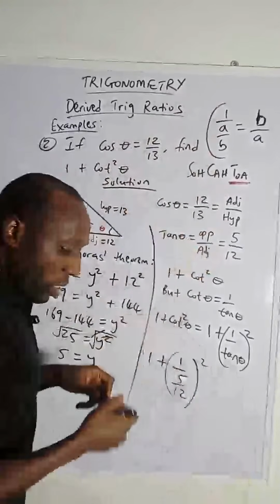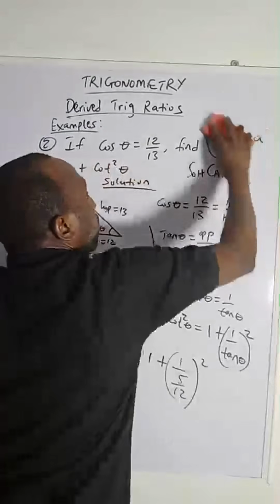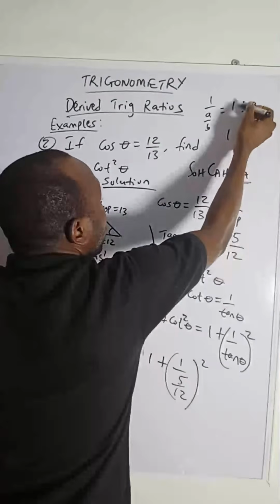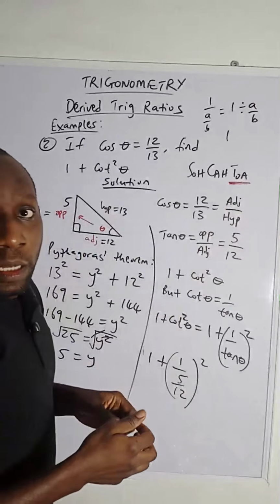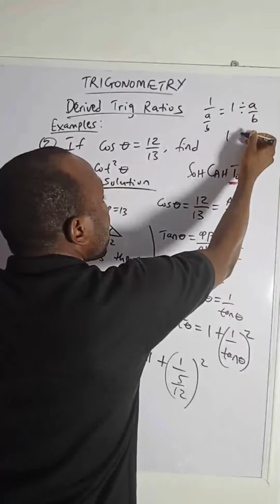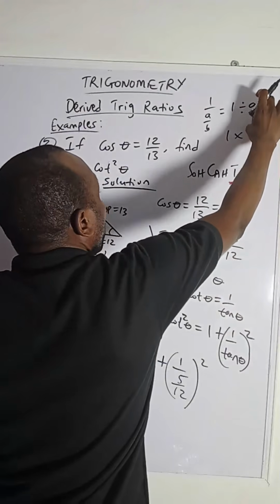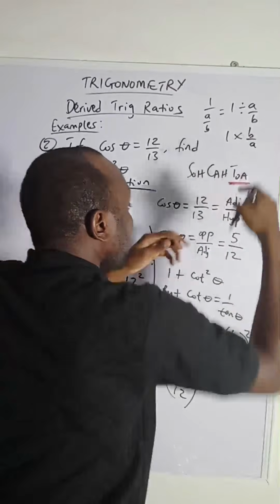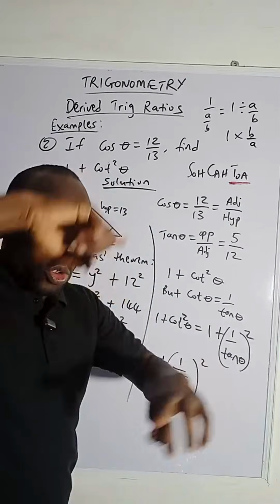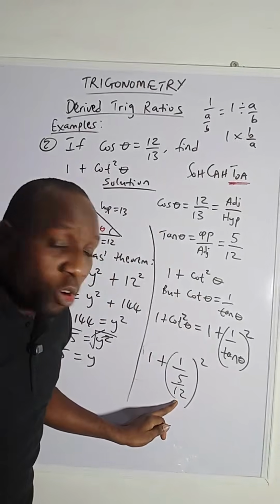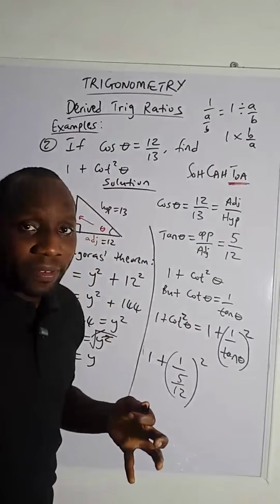If you want to really work this out, let me just show you for those of you who might be wondering what's going on here. Dividing by a fraction becomes multiplication, so you turn it upside down. A over b becomes b over a. So 1 over 5 over 12 will become 12 over 5.